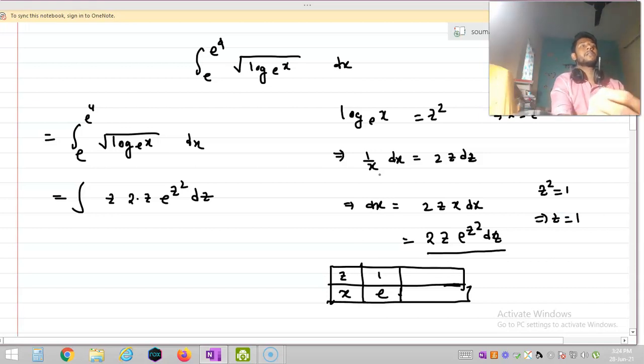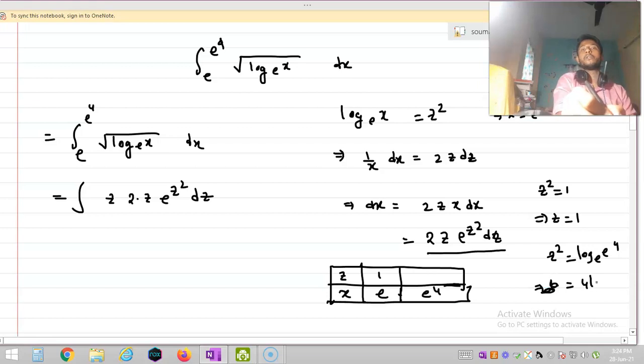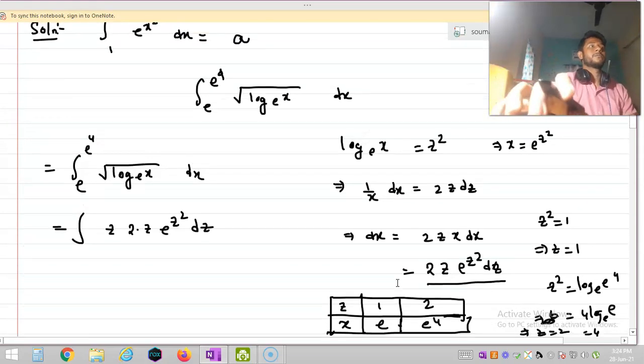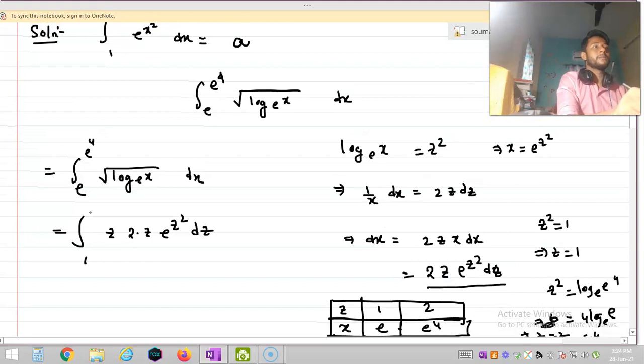Now, when the value of x is equal to e to the power 4, then the value of z squared is equal to log base e of e to the power 4. This is nothing but 4 log base e of e. Log base e of e is equal to 1, so 4. Then the value of z equals 2. So the lower limit becomes 1 and the upper limit becomes 2.